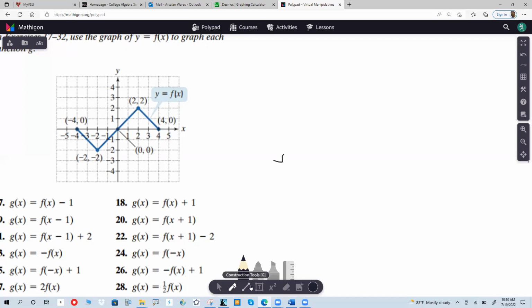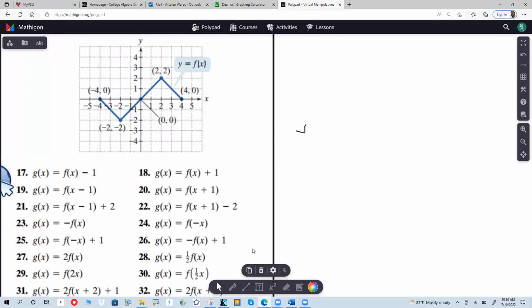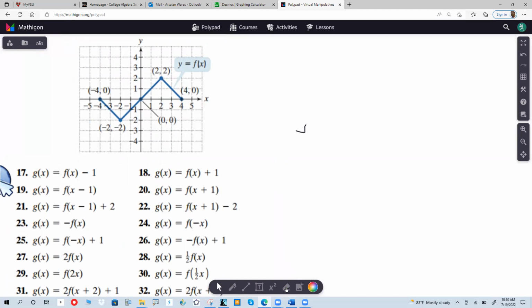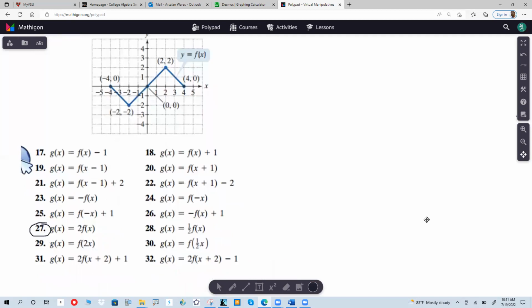All right, guys. So we were working on number 27. Okay, we're going to circle 27. If you can't see, you have to tell me.